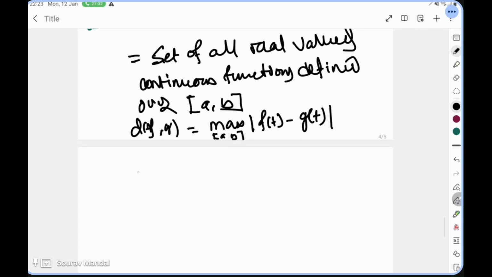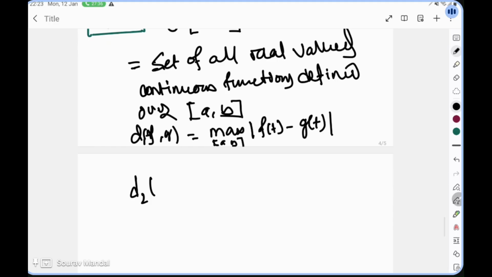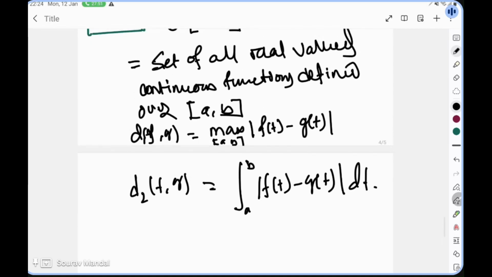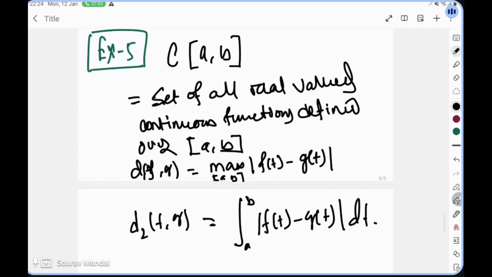Suppose this is your d1, and d2 of f,g is the integration from a to b. Okay. And these two metrics you can define on the space, and we'll see some examples later.